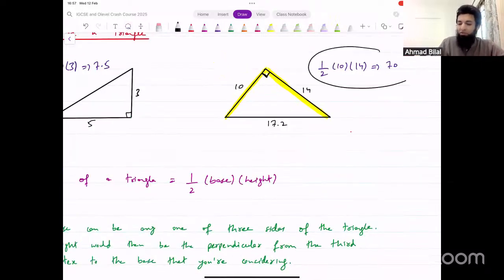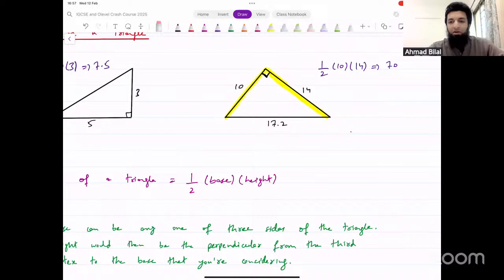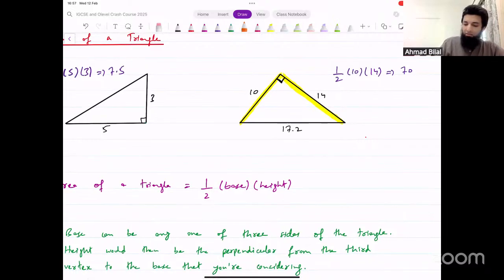We're not using that at all here, right? Because it's not necessary that the base has to be horizontal. Base can be any of the three sides. So if you're taking 10 as the base, 14 is height. If you're taking 14 as the base, 10 is the height.